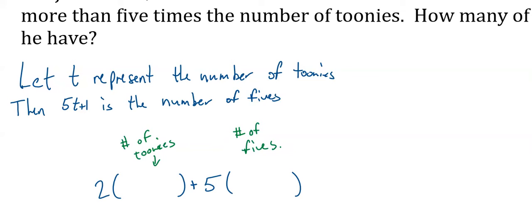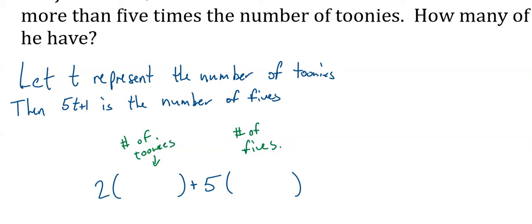If I have 8 5s, they're worth 5 times 8. If I have 3 5s, 5 times 3. If I have 100 5s, 5 times 100. This is the number of 5s. That's how much they're worth. The number of toonies, that's how much they're worth.